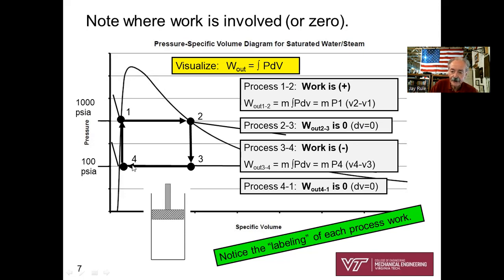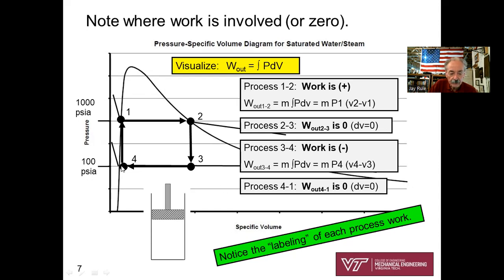Again, quiz prep, test prep. I'm just going to write it down: the work out from 3 to 4 is m integral PdV, or m times P4 (or P3, doesn't matter) times V4 minus V3. It might be a little tricky getting V4 and V3, but we're going to get it.